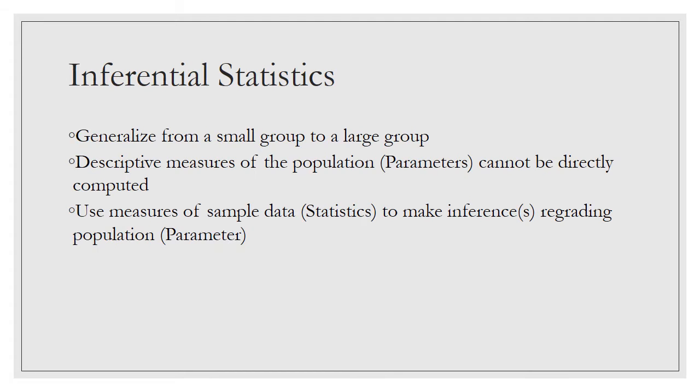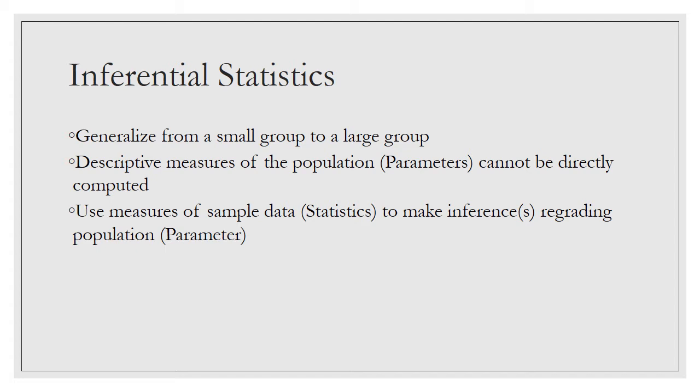In inferential statistics, that's exactly what we're going to do. We are going to generalize from a very small group to a much larger group. Our descriptive measures of the population, our parameters, often cannot be computed directly. Very rarely are we actually able to get the entire population information and calculate out a mean.